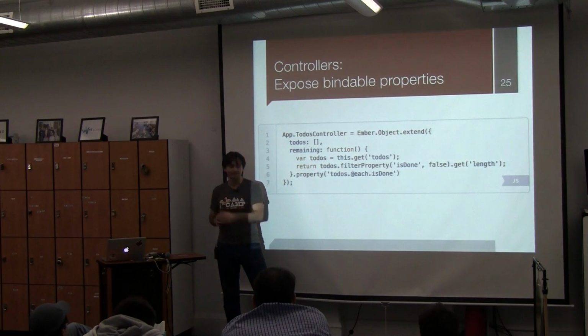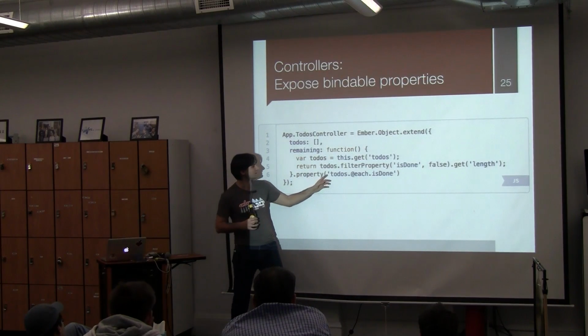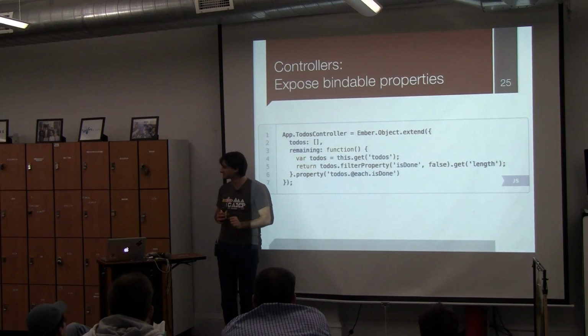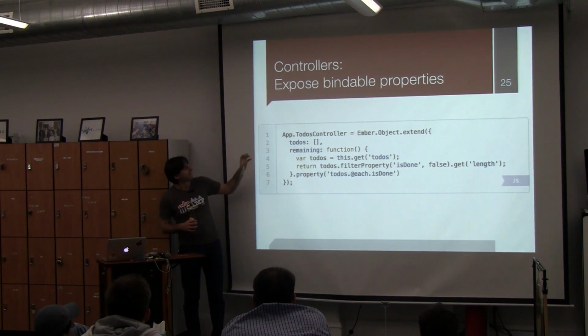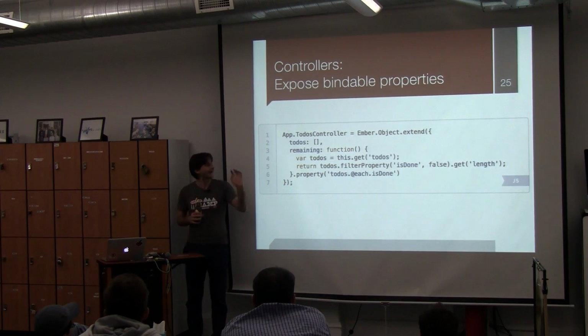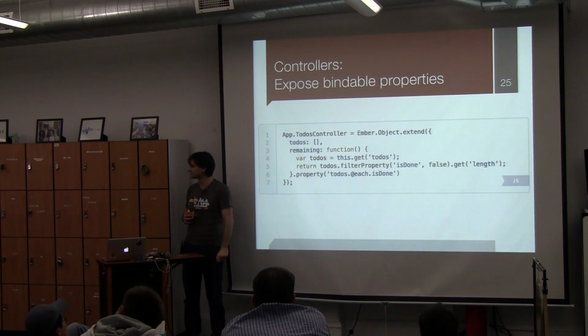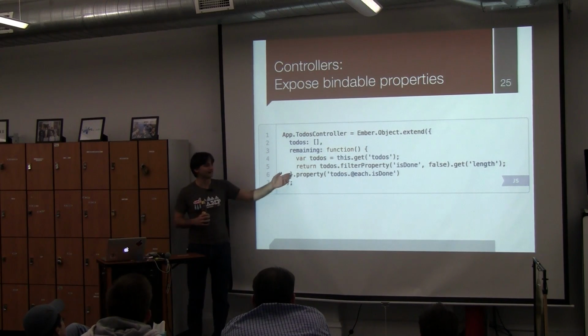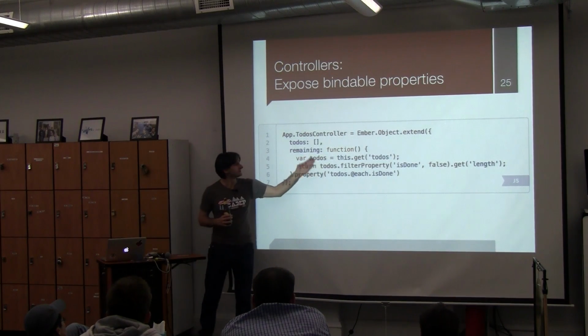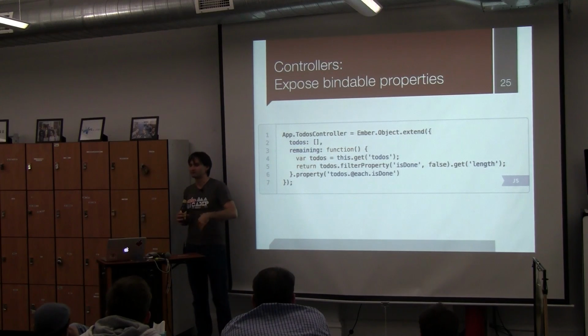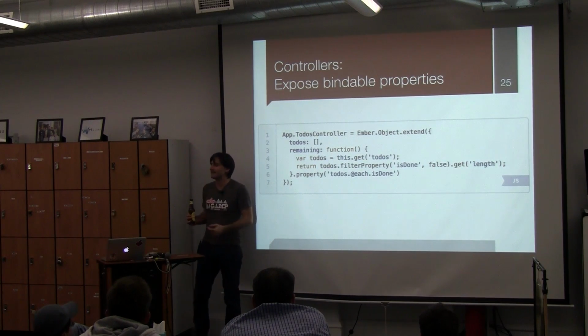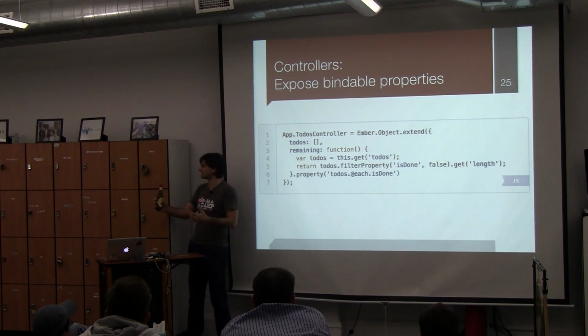So to your question, if I just did property to-dos, and that was it, then I went and I added an element, say, to the to-dos list, this wouldn't fire, because to-dos is an array, and that array itself did not change. It has a different number of elements, but it's still the same array. And that's the same thing in your question about person.